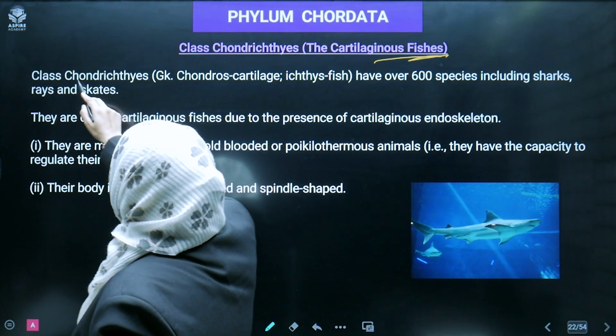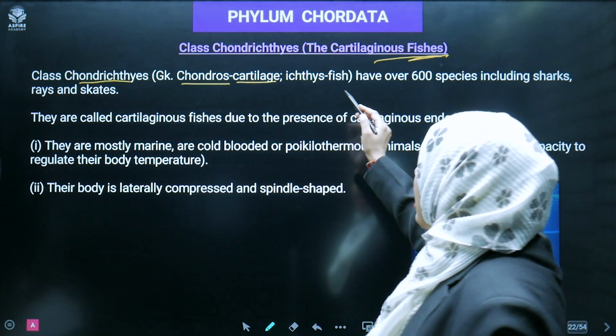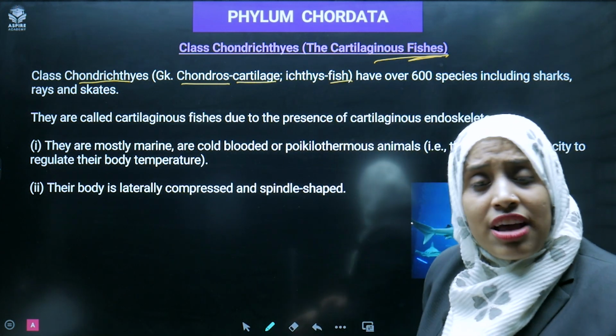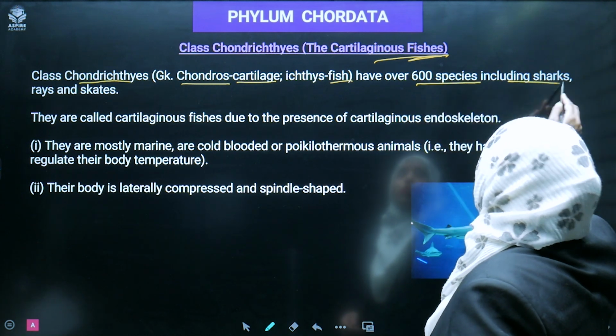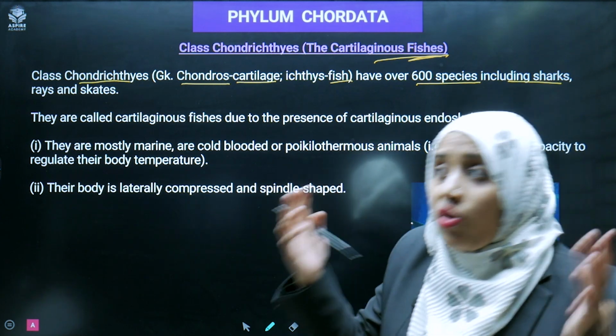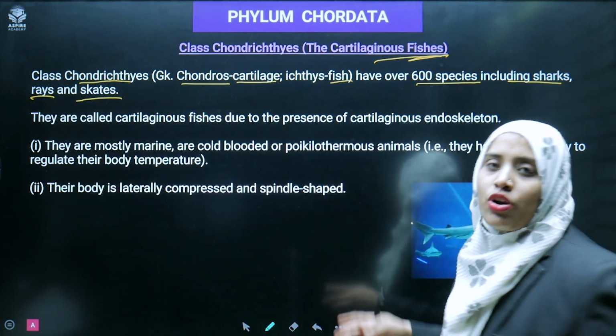So the class Chondrichthyes, Chondrichthyes itself means cartilage, and ichthys means fishes. That means they are the cartilaginous fishes and have over 600 species including sharks, rays, skates. All of these belong to this Chondrichthyes.